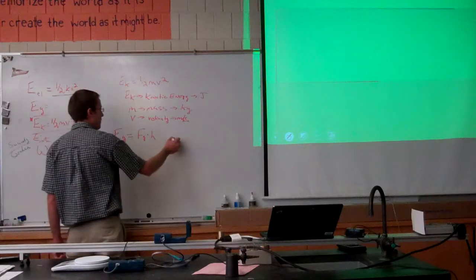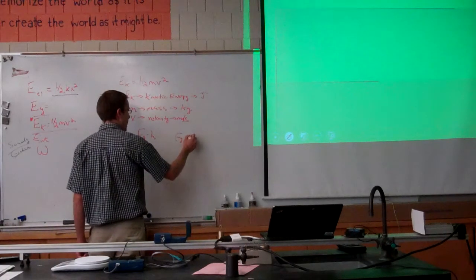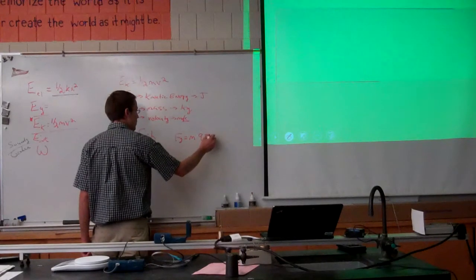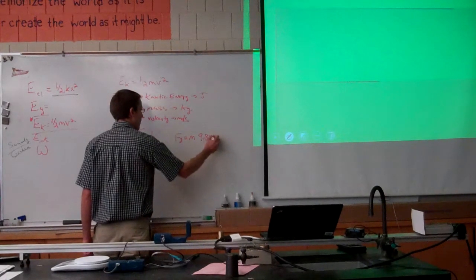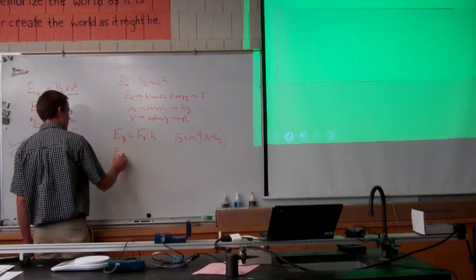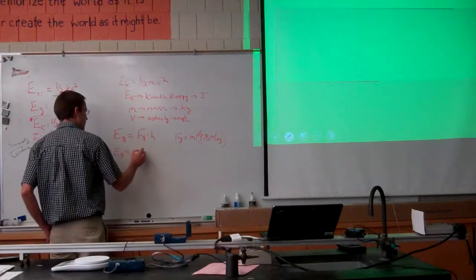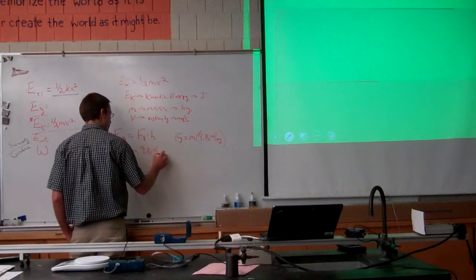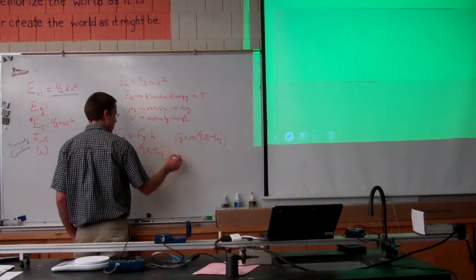Force due to gravity is equal to mass times 9.81 newtons per kilogram, so we can substitute that in. Eg is equal to m times 9.81 times h, which is your height.